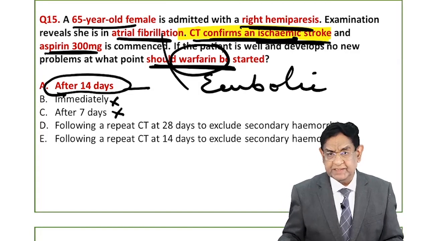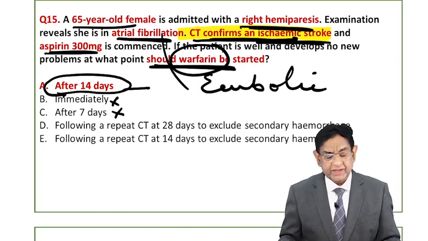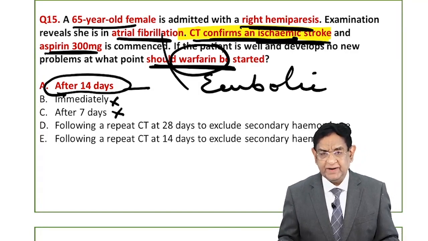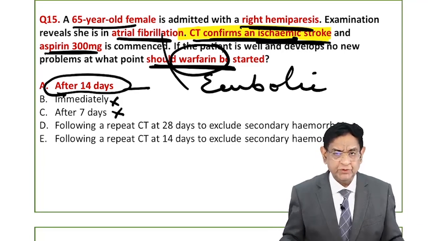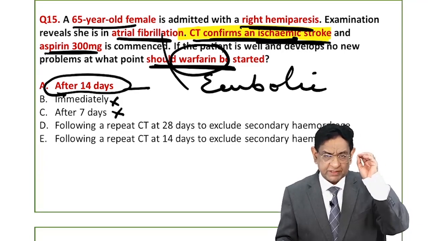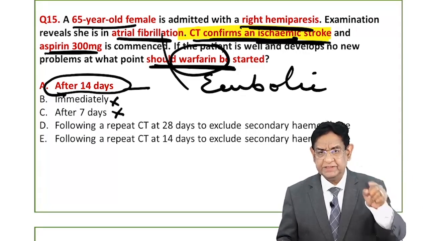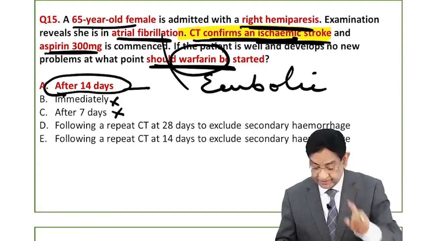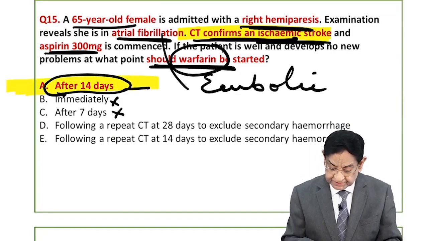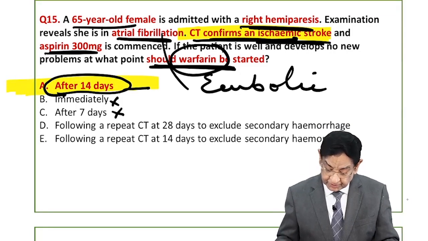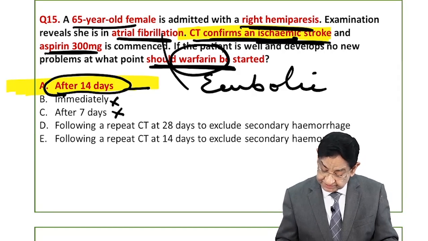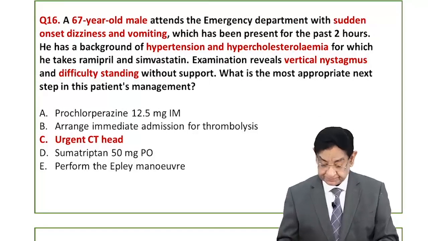And of course, the patient is there, and you have to start warfarin, never immediate. And in a stroke unit, CT scan will be done. So stroke done, CT scan done, no hemorrhage, start warfarin for AF, but after 14 days. Okay? After 14 days.